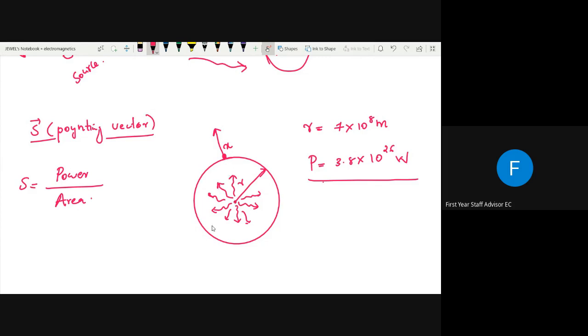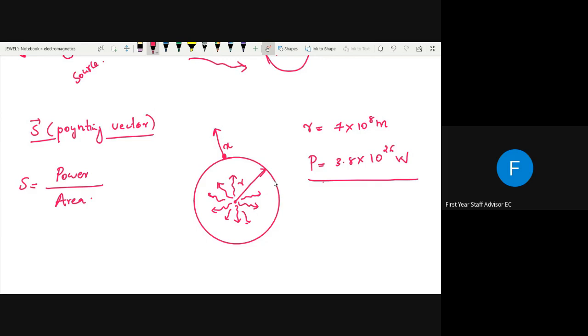At the surface of sun, we can say the surface enclosing this area is a sphere. So these electromagnetic waves produced from this source of sun are moving along all direction and passing this spherical surface all along.